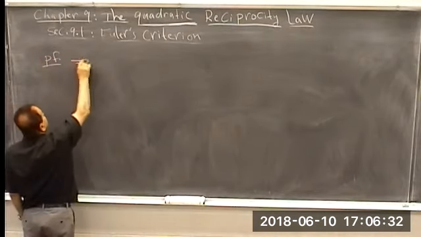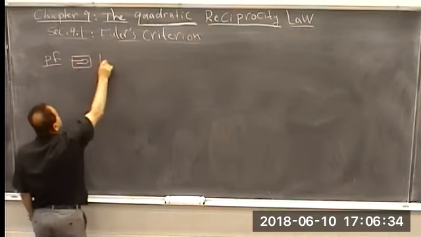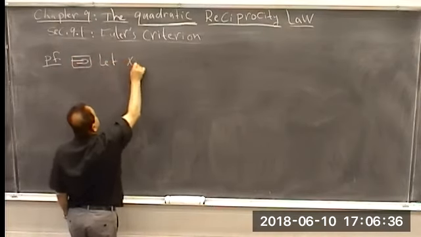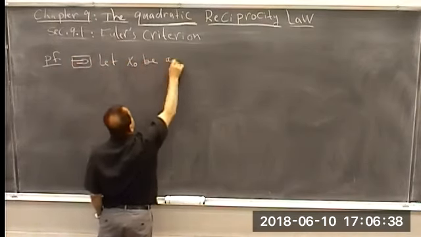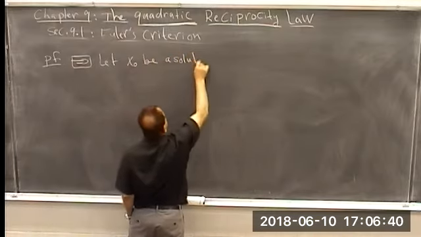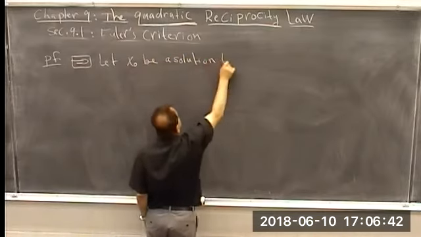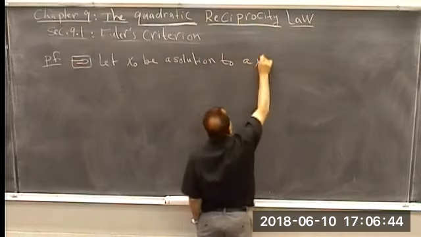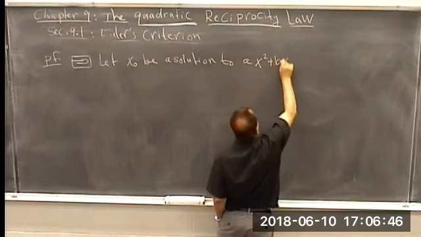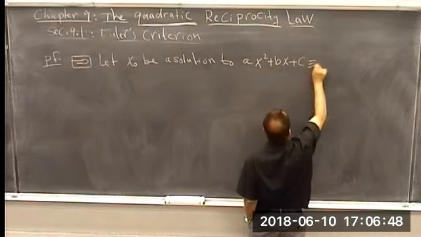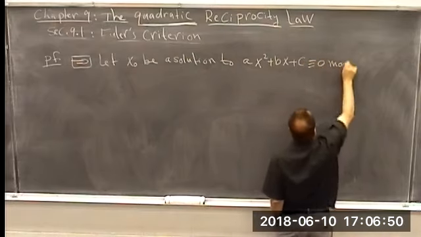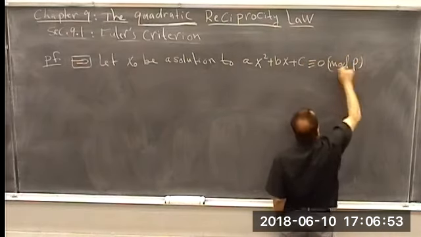We're going to go this way: x sub 0 will be a solution to ax squared plus bx plus c congruent to 0 mod p.